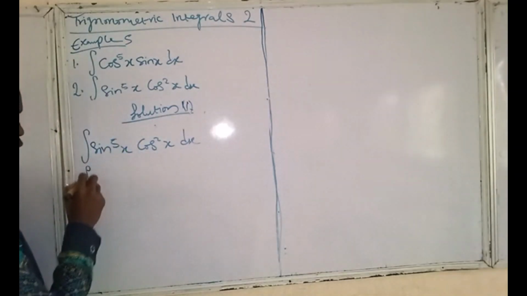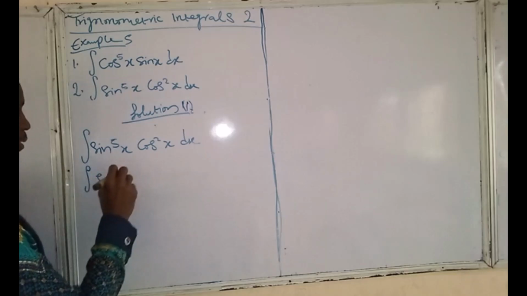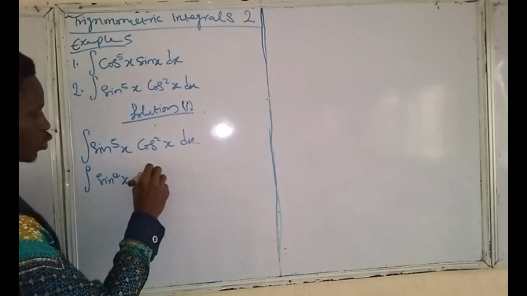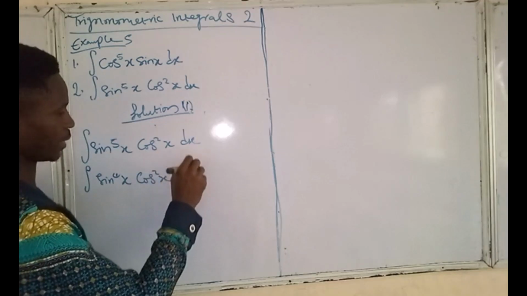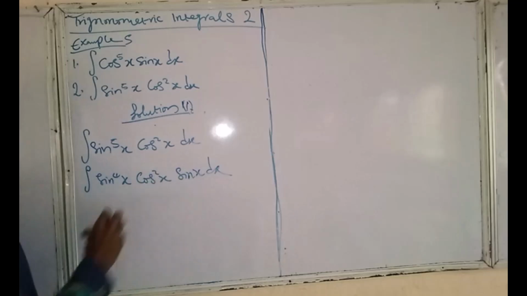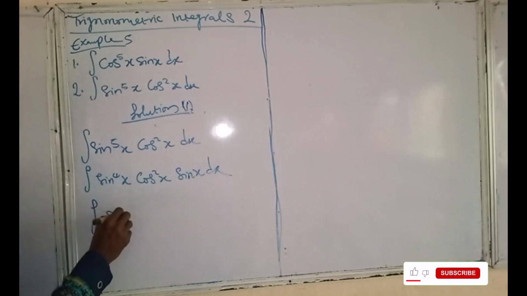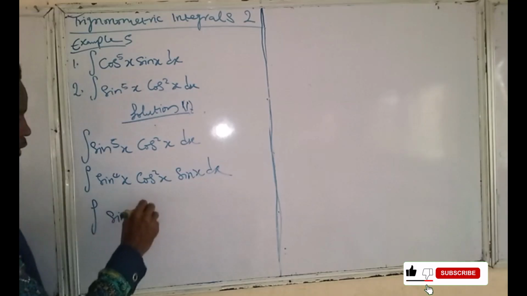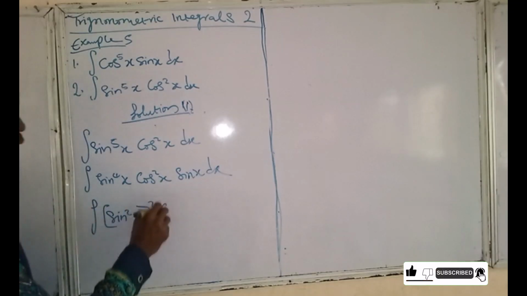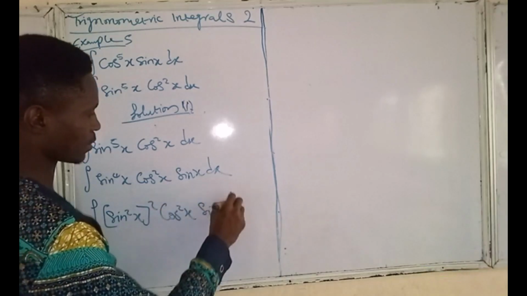So this should give us the integral of sin⁴x cos²x sin x dx. We only reduce this by 1 to form this. Then also we can say this is the integral of (sin²x)² cos²x sin x dx.